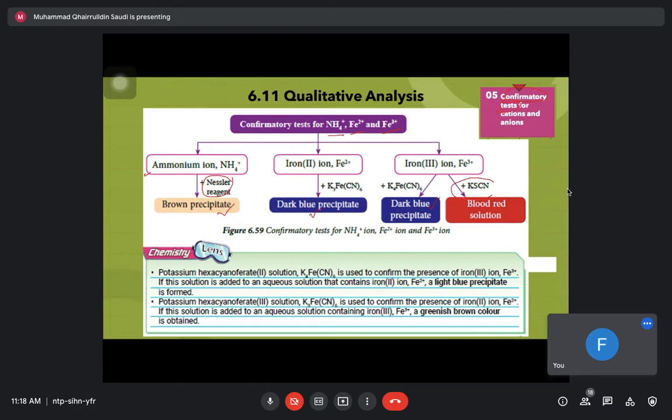Potassium thiocyanate. Okay? This is potassium thiocyanate. So if you add potassium thiocyanate, awak akan dapat blood red solution. Itu adalah confirmatory test for iron(III).